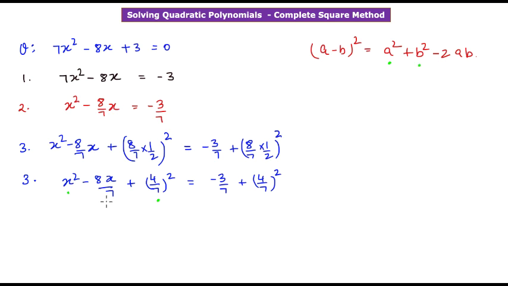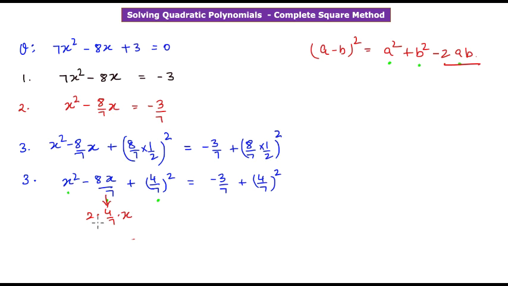And then 8 over 7x can be compared to negative 2ab. Why? Because I can simply write this 8 over 7x as 2 times 4 by 7 times x, which is nothing but 2 times b times a, which is exactly what we have here, right?